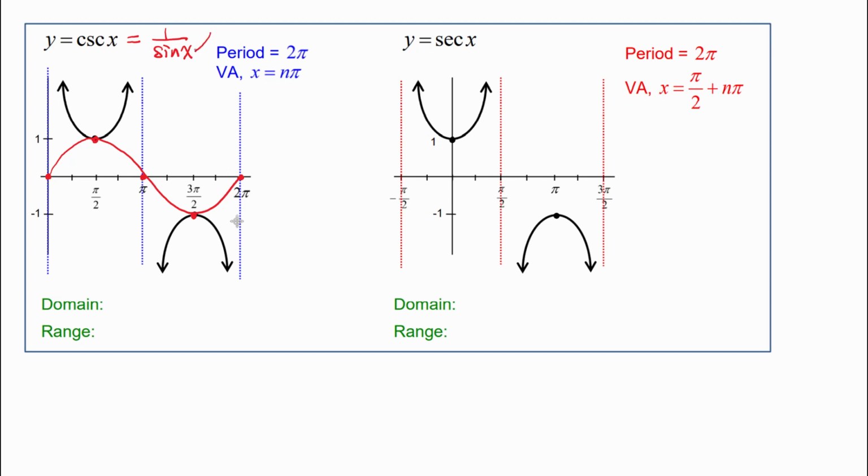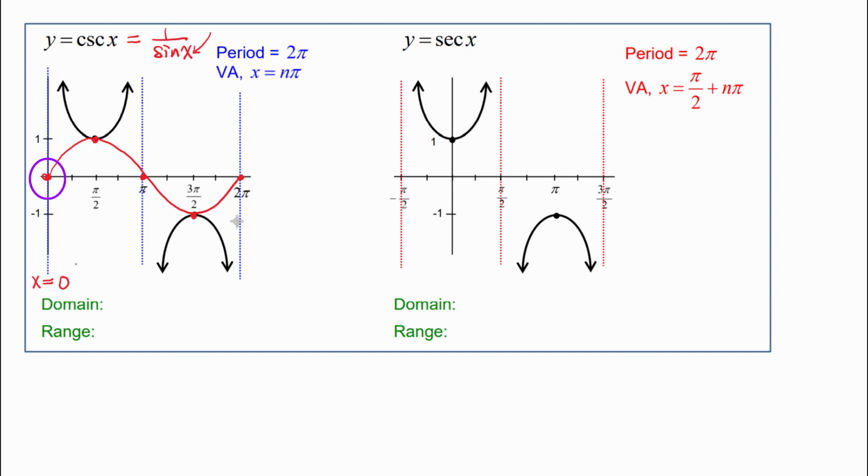And since sine x is in the denominator, every time sine x is 0, we will get 1 over 0, which is undefined. That's where you're going to have vertical asymptotes. And you know sine x is 0 when x equals 0. So your first vertical asymptote is x equals 0.